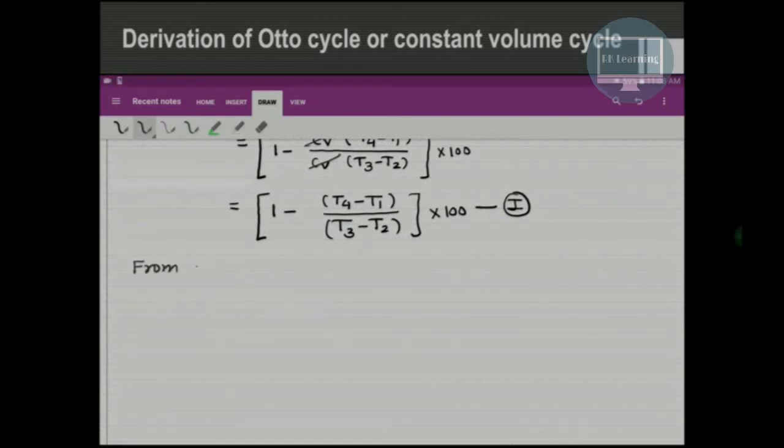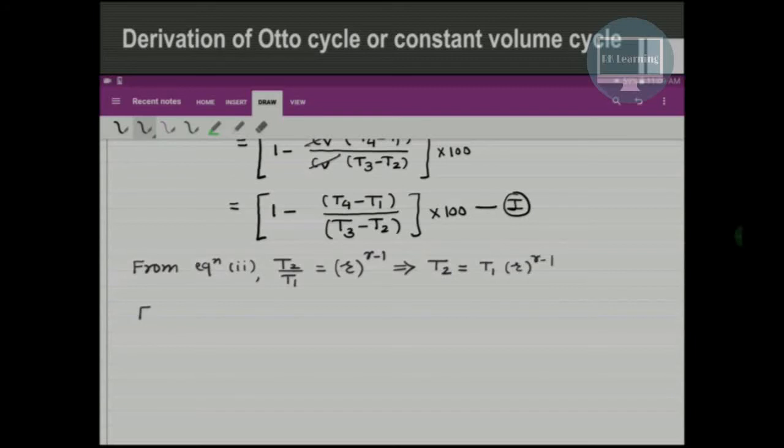Now we'll use the second equation, which is in terms of temperature. So this is T2 by T1 is equal to r raised to gamma minus 1. From this we can obtain the value of T2 as T1 into r raised to gamma minus 1.